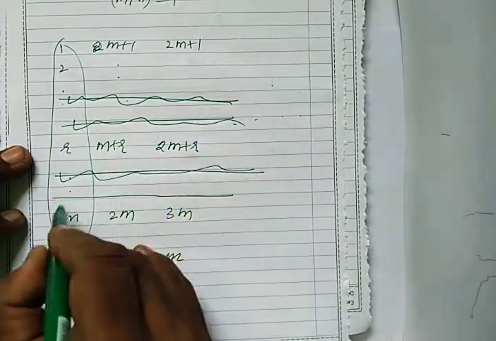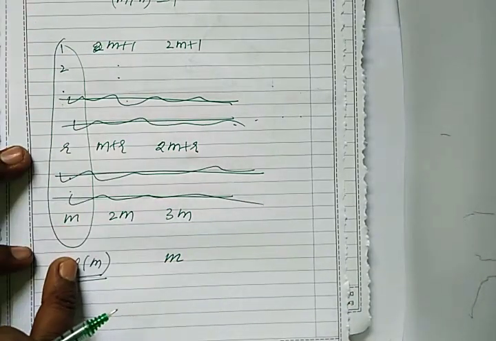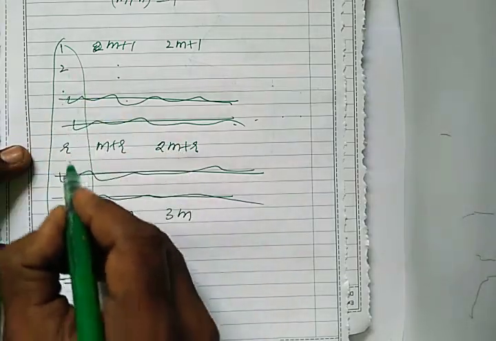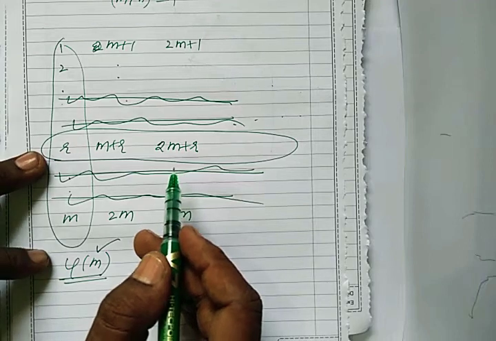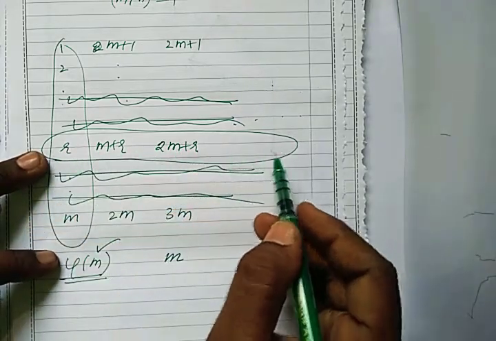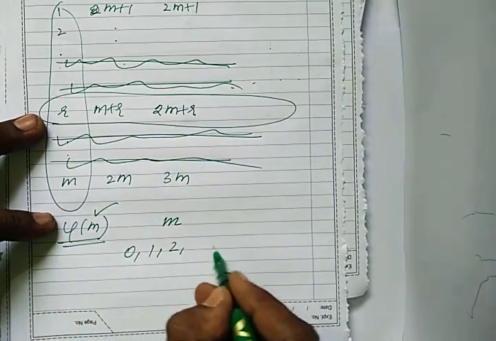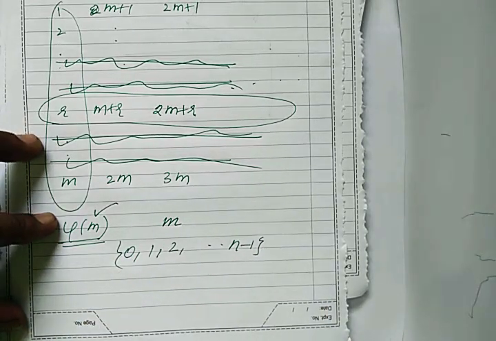So how many rows are there now? Earlier there were m rows, now these many rows are there. Suppose I take this row. If I divide each number in this row by n, I get the remainders 1, 2, 3, up to n minus 1, but in some different order.